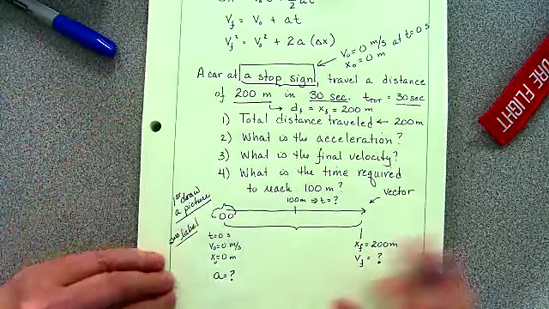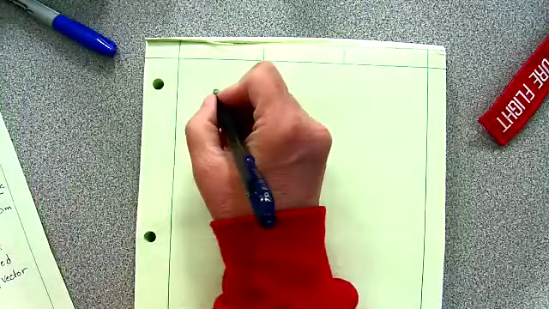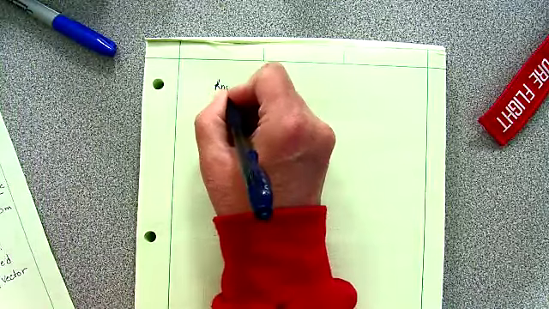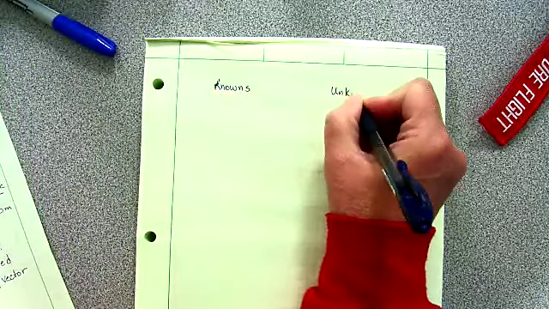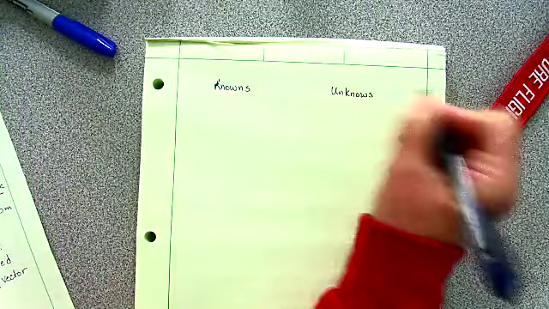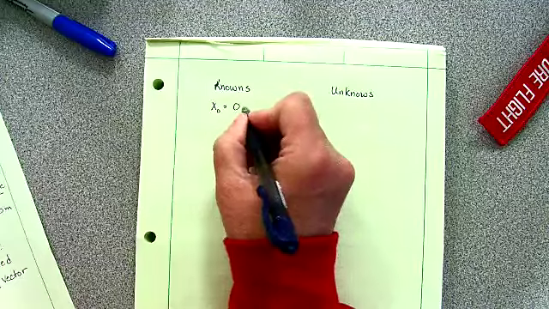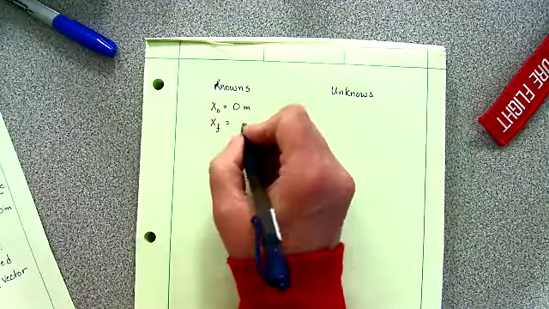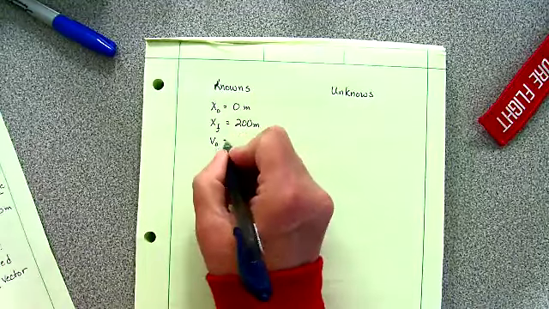So we can rearrange this a little bit. We have our knowns and we have our unknowns. Our knowns are initial position and final position. We know our initial velocity.